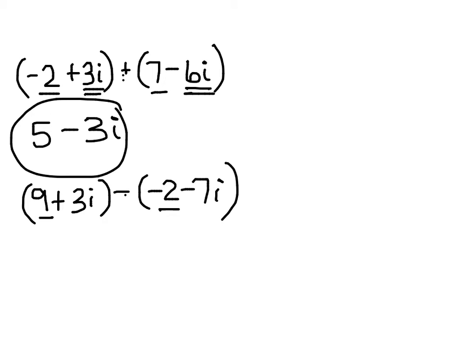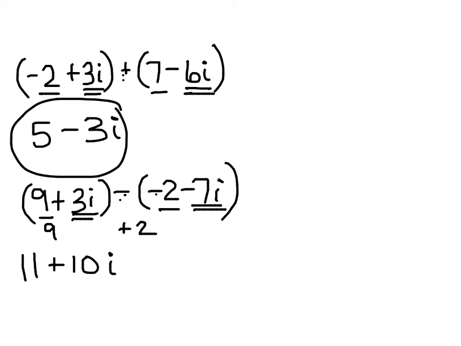What's 9 minus negative 2? 11. Because the two negatives would make it a positive 2, so it'd end up being 9 plus 2, so it would be 11. What is 3i minus a negative 7i? 10i. Because those two negatives would make it a positive.